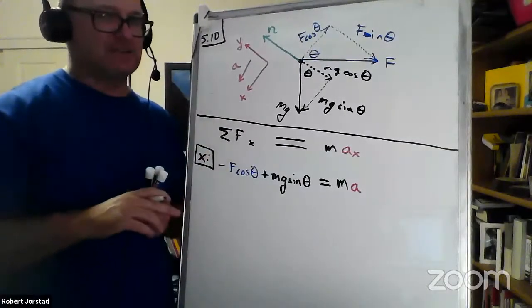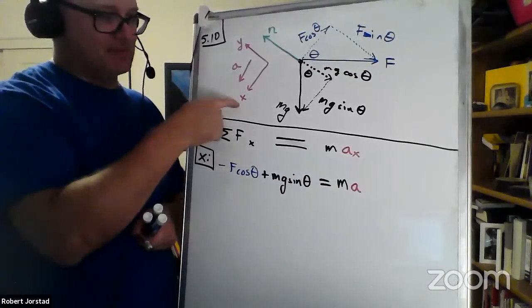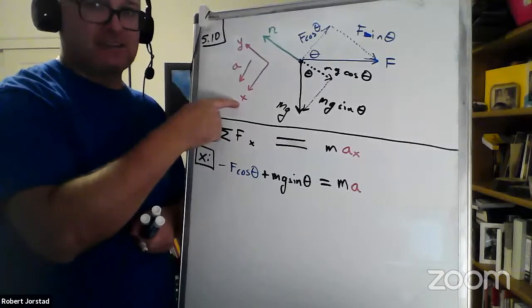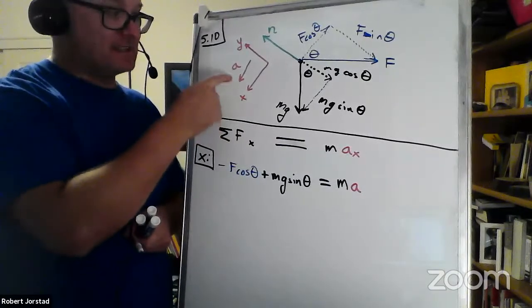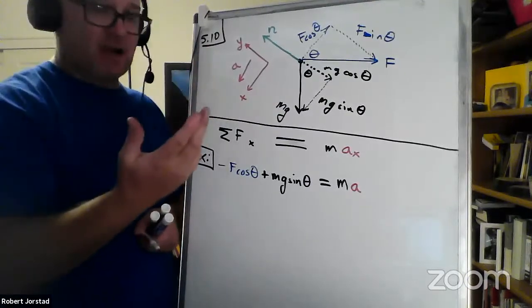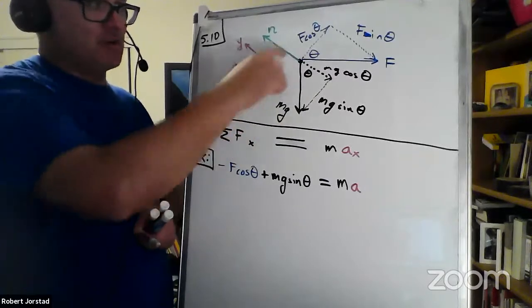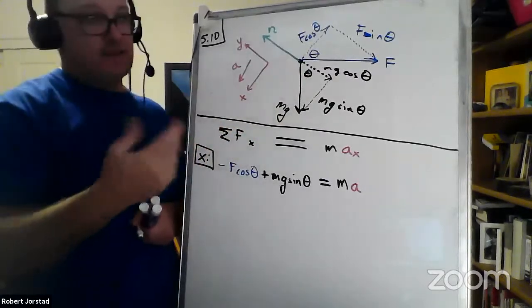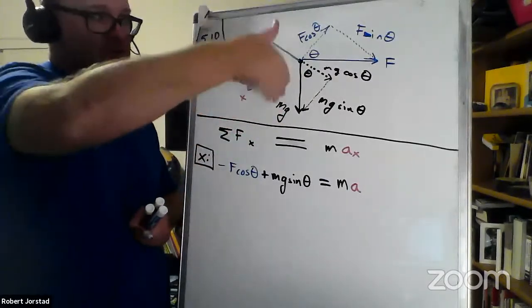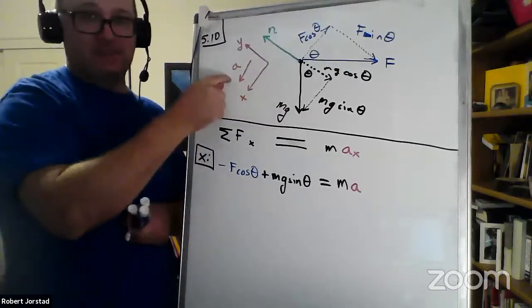Now you know why I drew the coordinate system this way. I generally line up my coordinate system such that A aligns with the x-axis. When I do that, it means I don't have to split up the A vector. Also, notice in this problem, you may be saying, man, we had to split up two vectors. Why didn't I just use the normal right-left? Well, if you had tried to use the normal left-right, you'd have to split up the normal force and the acceleration vector.